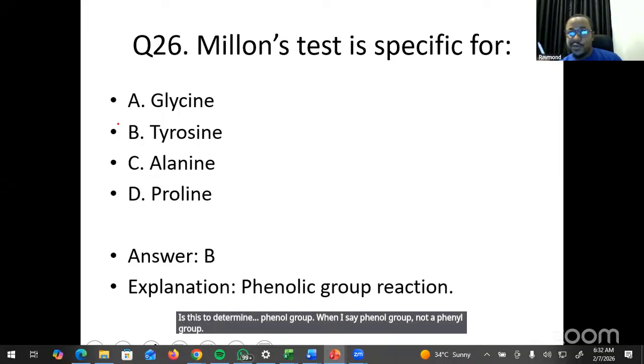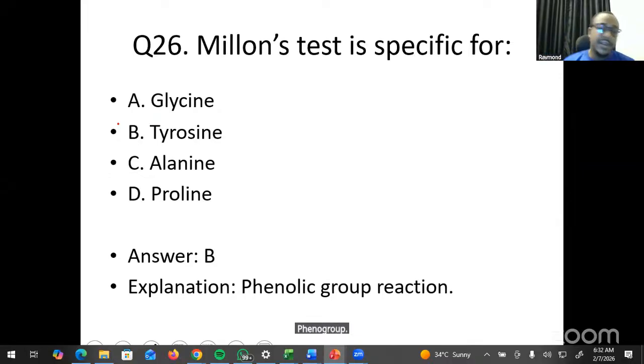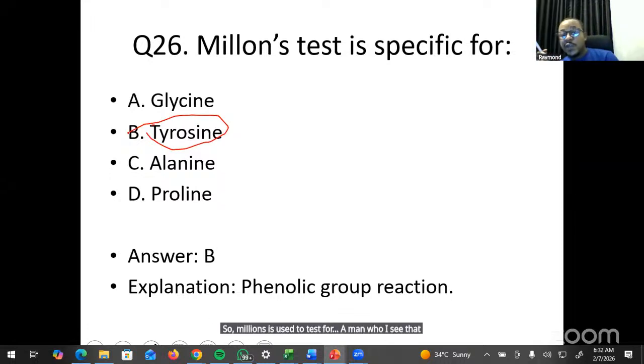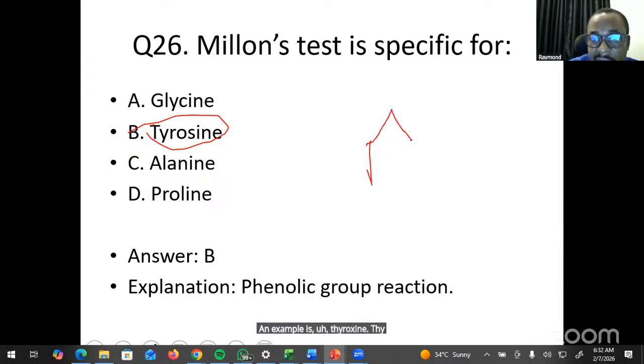Because we have phenylalanine and tyrosine, Millon's is used to test for amino acids that have a phenol group. An example is tyrosine. Tyrosine has a benzene group that has what? OH. So we call it a phenol.